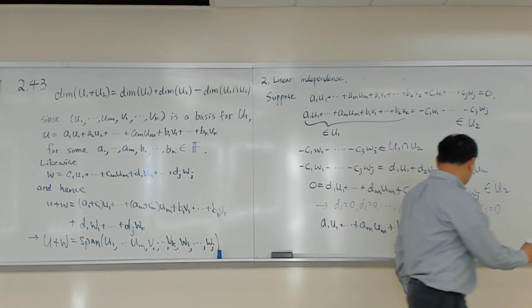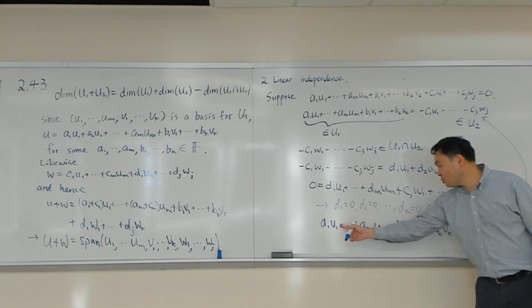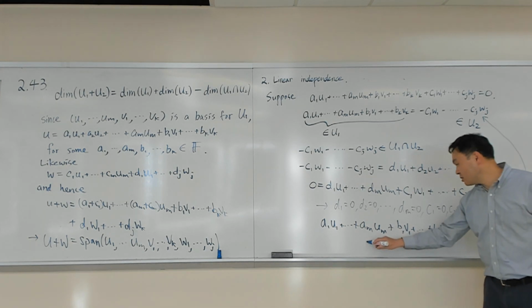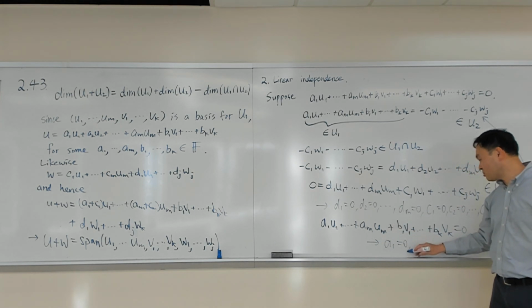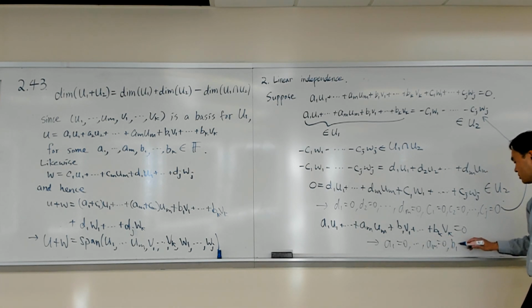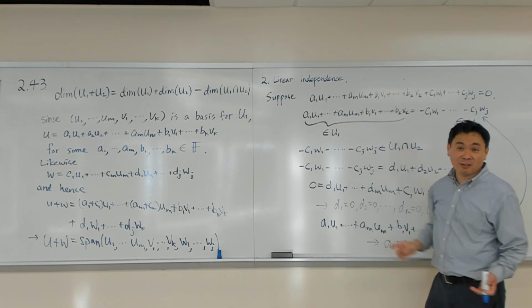So when these c values are plugged in on the right side, now we have this equal to 0, right? But u1 through um and v1 through vk are linearly independent in u1, right? So that says that the only way this is possible is if a1 is 0, all the way up till am is 0, b1 is 0, all the way up till bk is 0. So since we've shown all of these coefficients are 0, linear independence is proved.